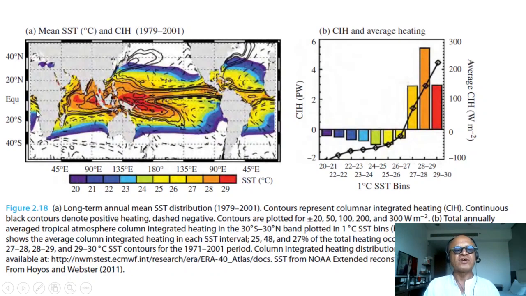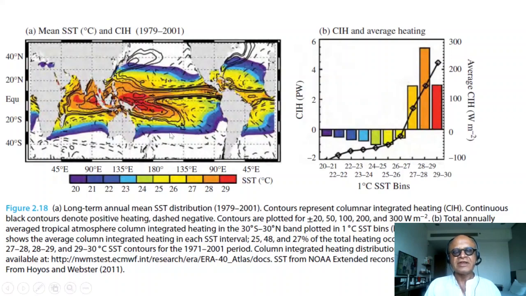We are mostly focused on the tropics, so we can think of it as approximately 30 south to 30 north, which is captured by this. These contours are heat fluxes, and the contours go from 20 to 300 watts per meter squared. The convention is always done differently in different books or by different people.